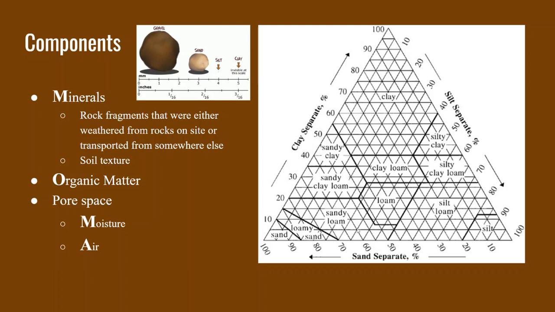For example, if I had a soil with 60% sand and 10% clay, meaning that it would have 30% silt, I would be able to determine using just this laser pointer here, 30% silt, 10% clay, and 60% sand, that I am in the sandy loam category of soils.